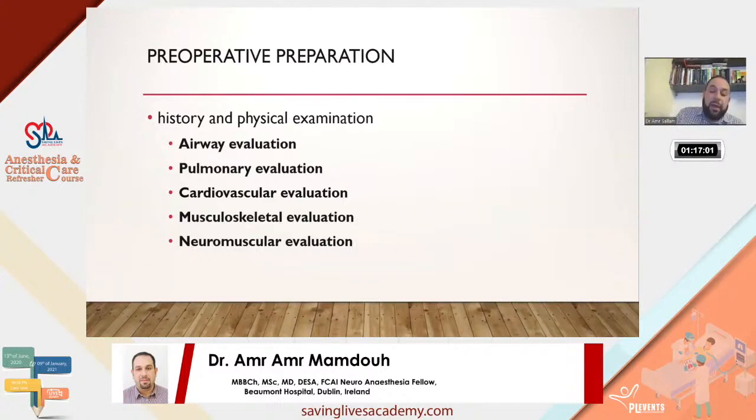The last 2 points in preoperative evaluation of these patients are the musculoskeletal evaluation and the neuromuscular evaluation. And these are very important because we are presenting an elective case, hopefully. Trauma, yes, it's emergency or urgent, but we still have time to evaluate our patients.